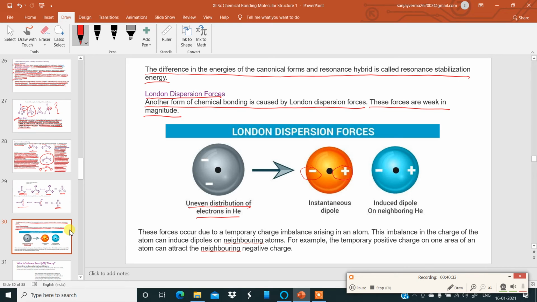Because of this, when you bring another neighboring helium atom, induction happens, so an induced dipole is created on the neighboring atom. These forces occur due to temporary charge imbalance arising in an atom. This imbalance in the charge of the atom can induce a dipole on a neighboring atom. For example, the temporary positive charge on one area of an atom can attract the neighboring negative charge at the same time.